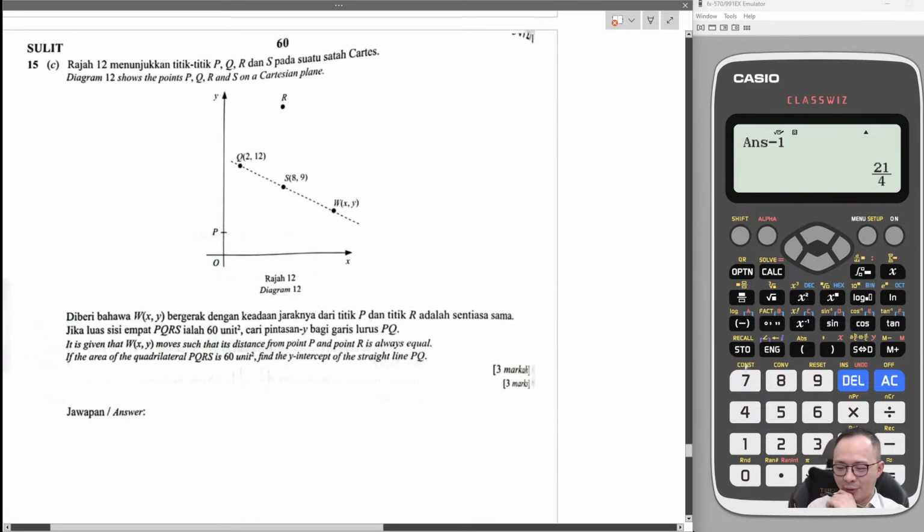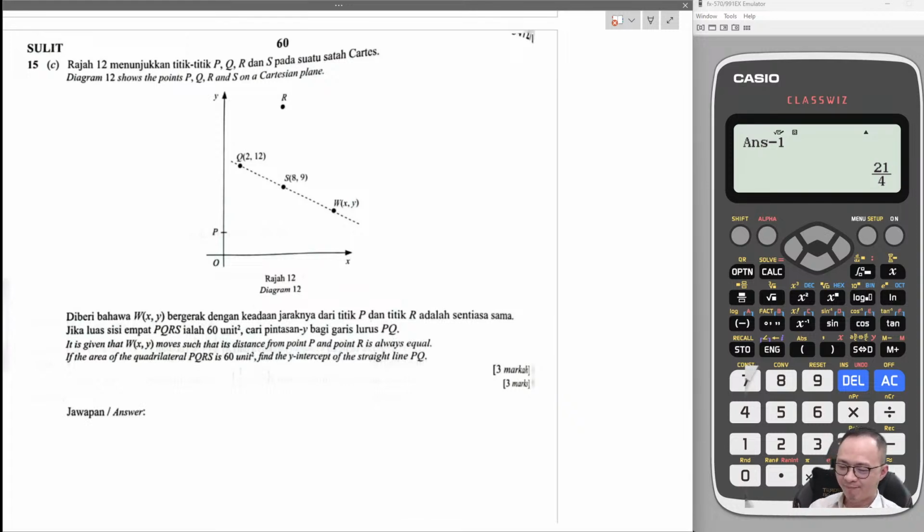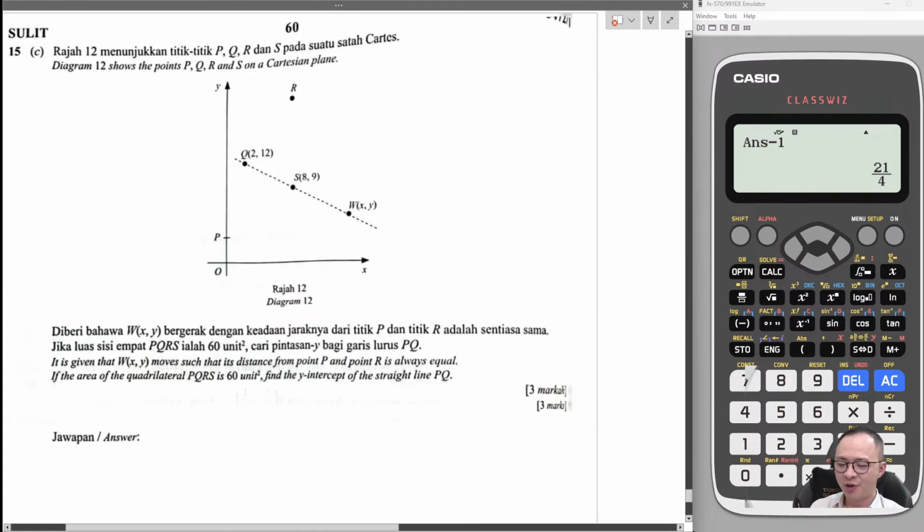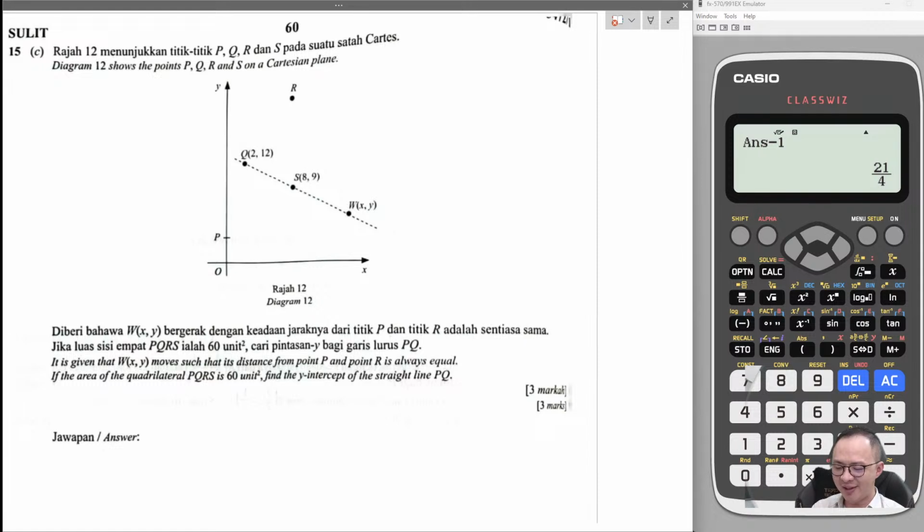Okay, so diagram 12 shows P, Q, R, and S in the Cartesian plane. It's given that W moves such that its distance from P and from R is always equal.